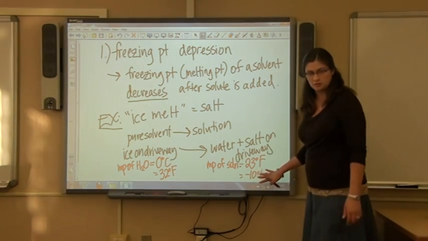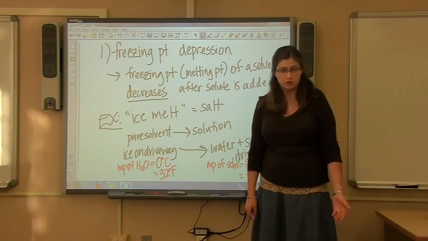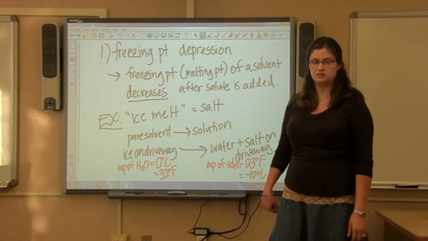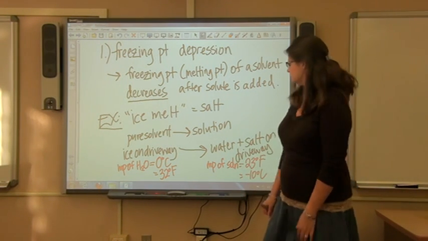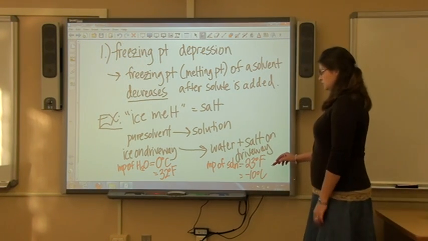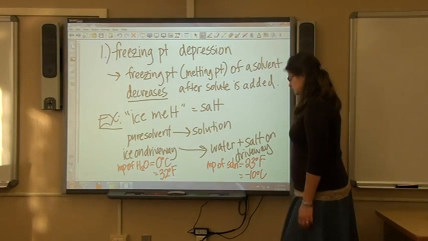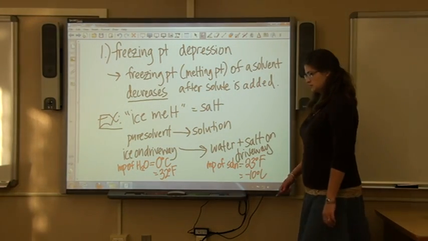These are not exact numbers. It depends on how much you put on, and it depends on other conditions as well, but don't worry about that. Okay, so what you're doing here is you're taking your ice from melting at 32 degrees to melting at 23 degrees.